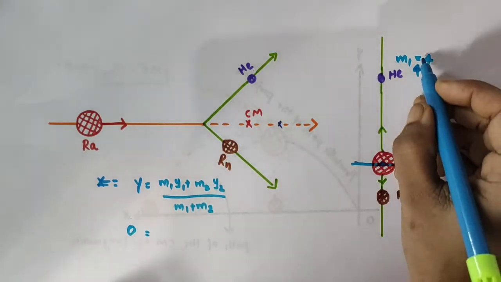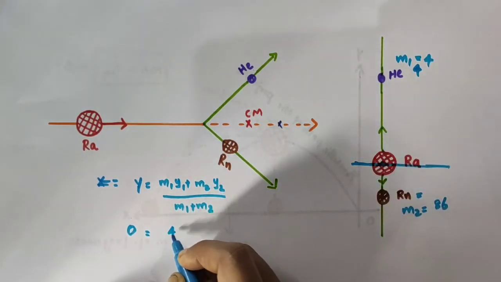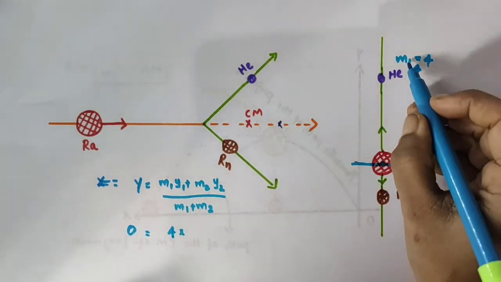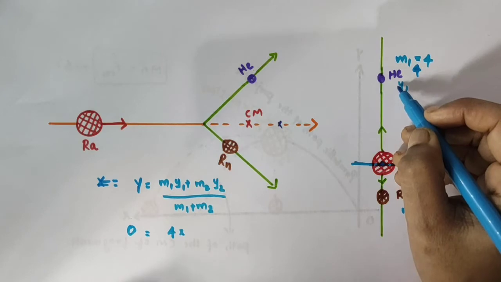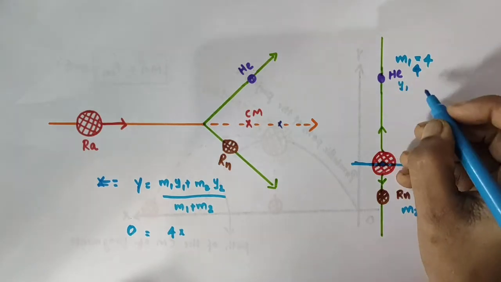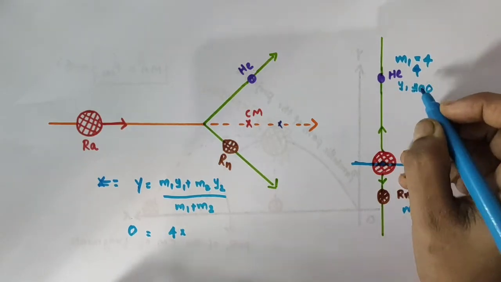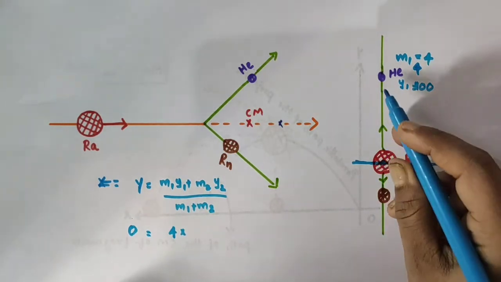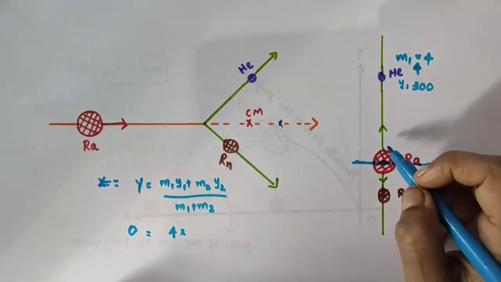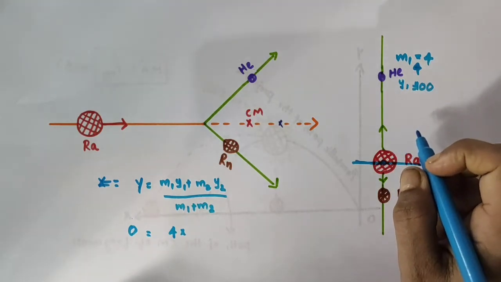Then m1, which I am taking as 4, into y1, its position. I'm taking y1 equal to 100, just a number. The alpha particle is 100 units away from the origin at a particular moment.